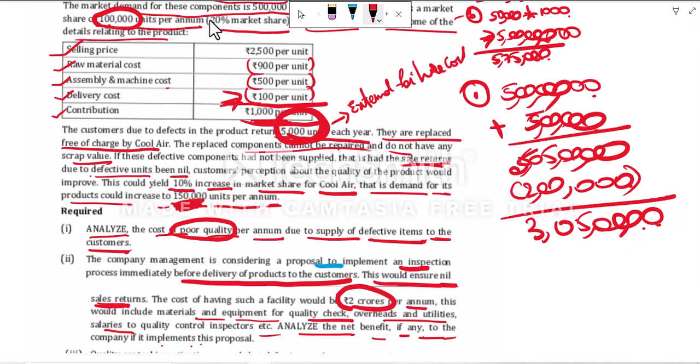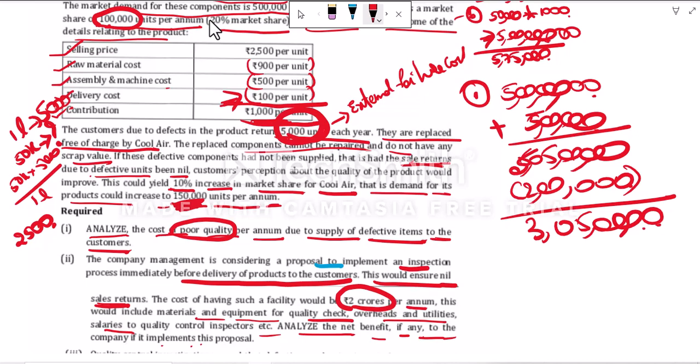For 1 lakh there will be 5,000 defective products. For the extra 50,000 they were getting demand. So in that 50,000, how many defective products will be there? 50,000 into 5,000 divided by 1 lakh means 2,500 defective products.